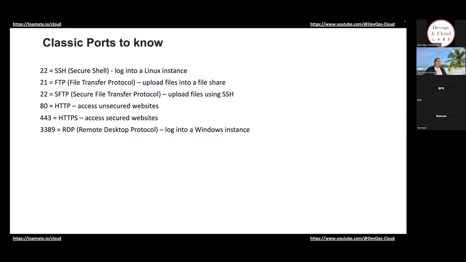If somebody says that I'm running an FTP site somewhere, that means something is running on port 21, unless it has been overwritten by another port. So that's how in TCP you usually have a combination of an IP address, where my services are running, and the port it's running on. So it's always the IP and port combination that we visualize in networking.